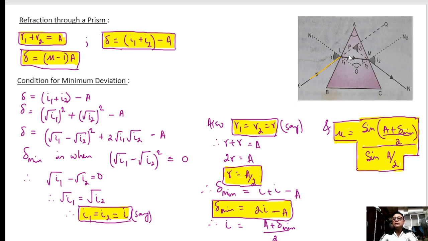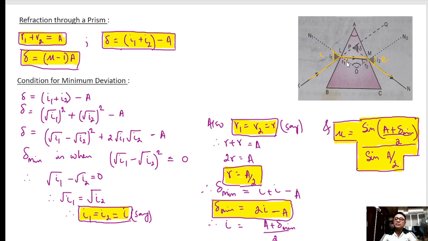When it enters the prism, it makes an angle I1, and then it suffers refraction and makes an angle R1, and then it comes out into the same medium and makes an angle I2. So this is the emergent angle, this is the incident angle, this is the refraction angle.